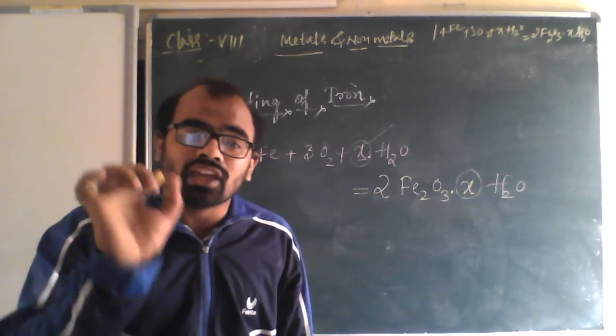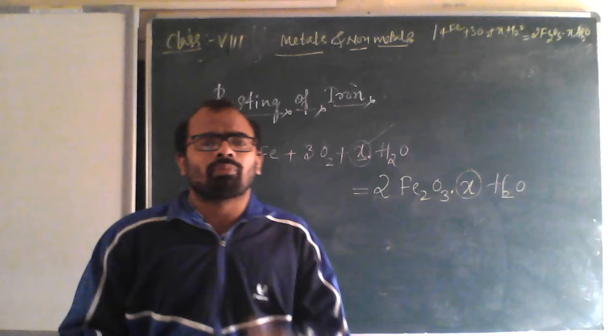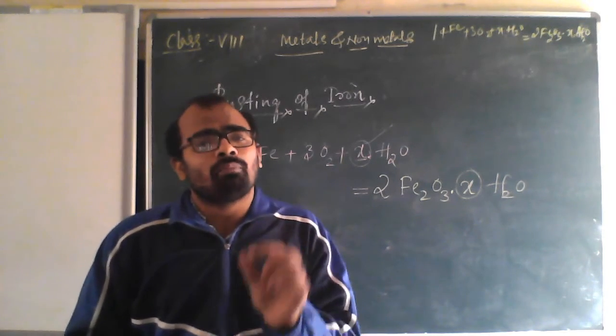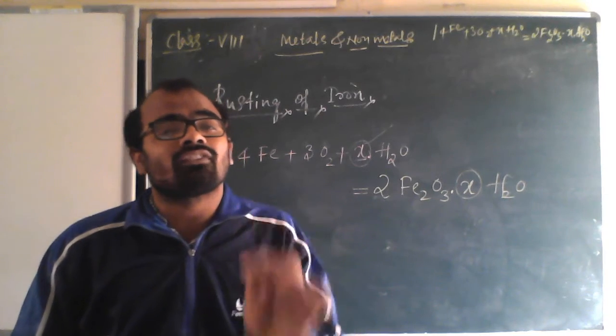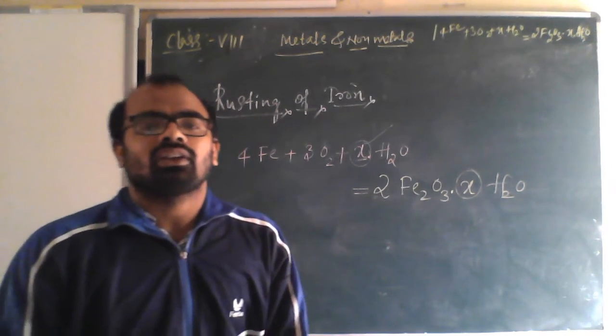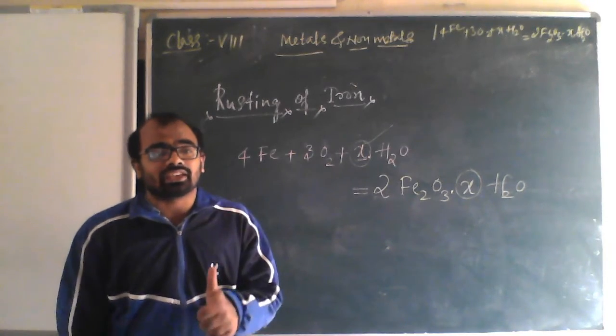Hence, a brown colored layer is formed on the surface of iron. This process is called rusting of iron.